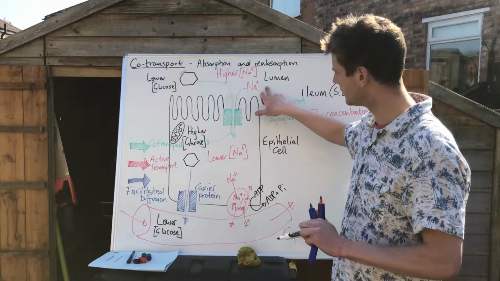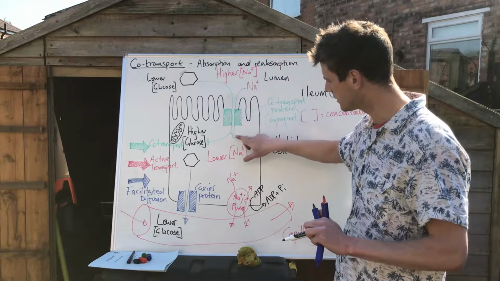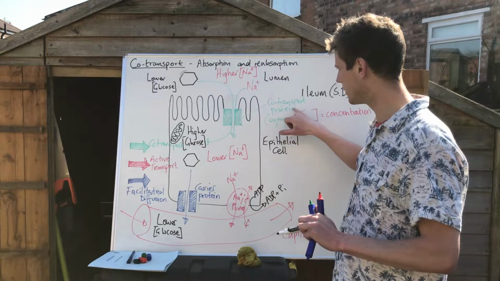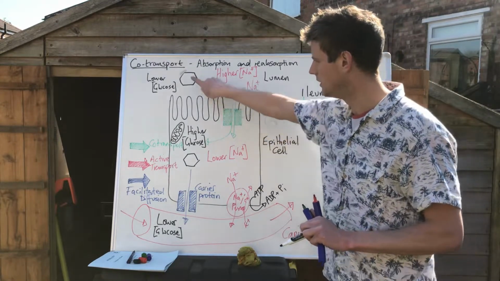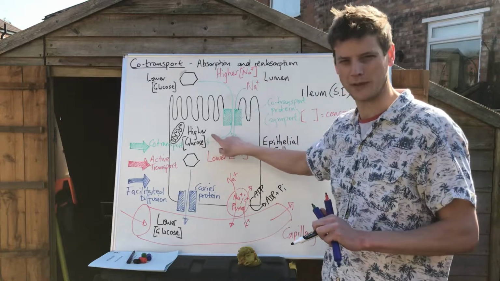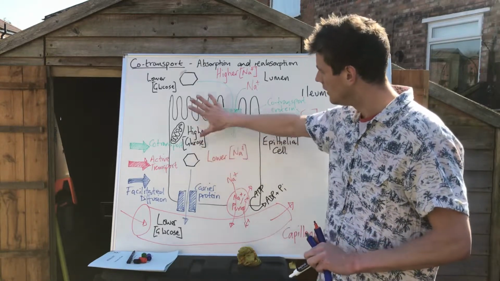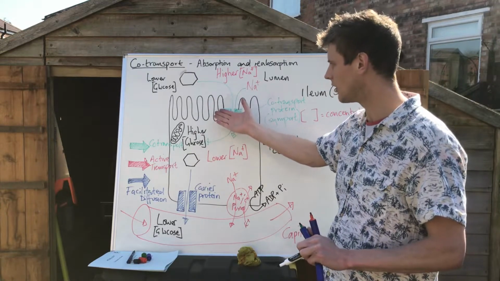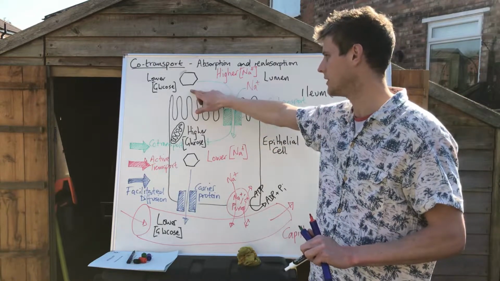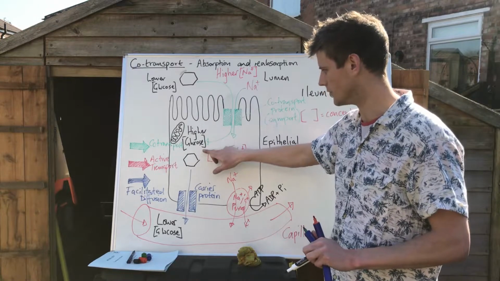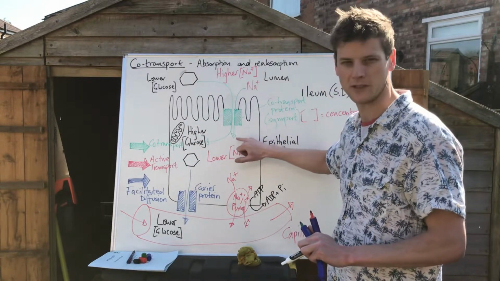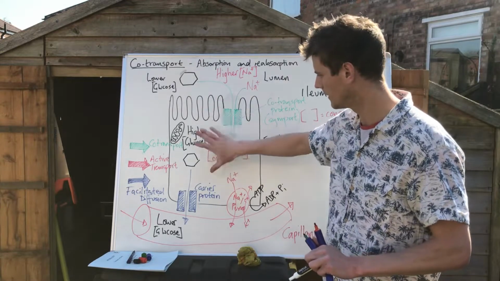Sodium is then able to diffuse down its concentration gradient through the co-transport protein, and as it does so, it brings glucose with it. Glucose here, we can see, is moving up the concentration gradient from a lower concentration here to a higher concentration here. That continues to happen as long as the sodium ions are moving down their concentration gradient.